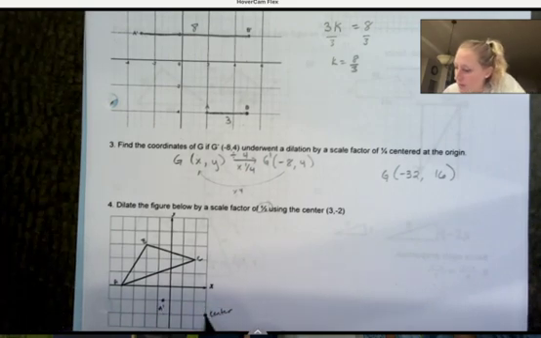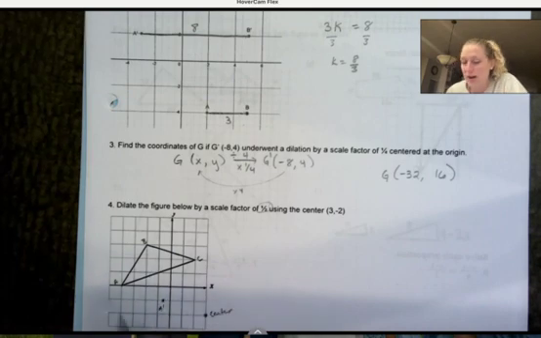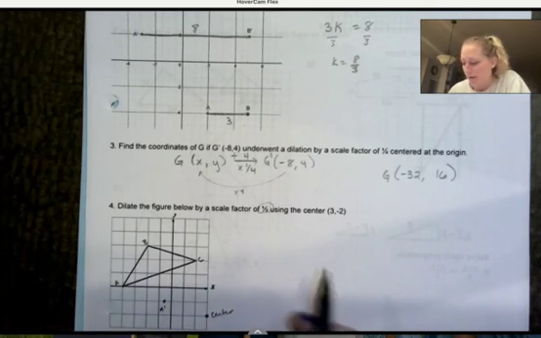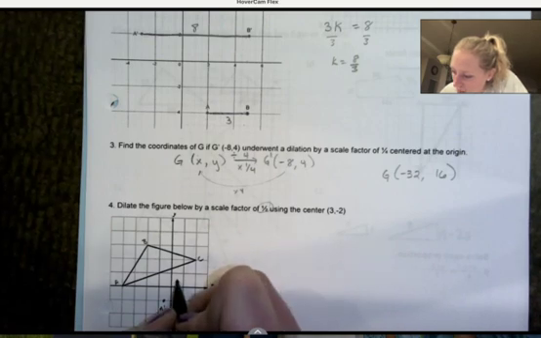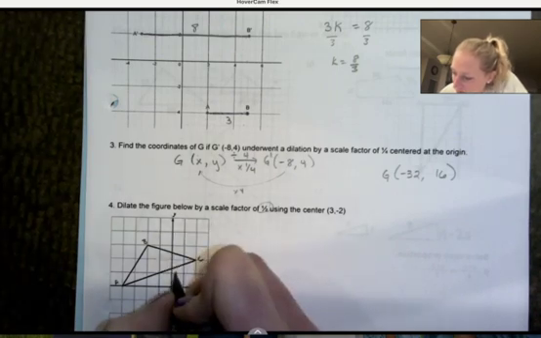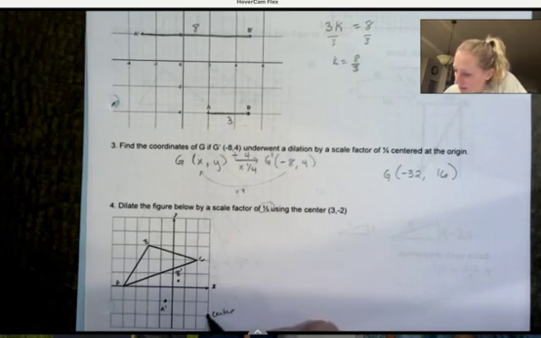Now I'm going to look at B. I have to go left 5 and up 5. So I'm cutting both of those in half. So left 2.5 and up 2.5. 2.5 is going to put me in the middle of that box, and that is B prime. And then C, left 1 and up 4.